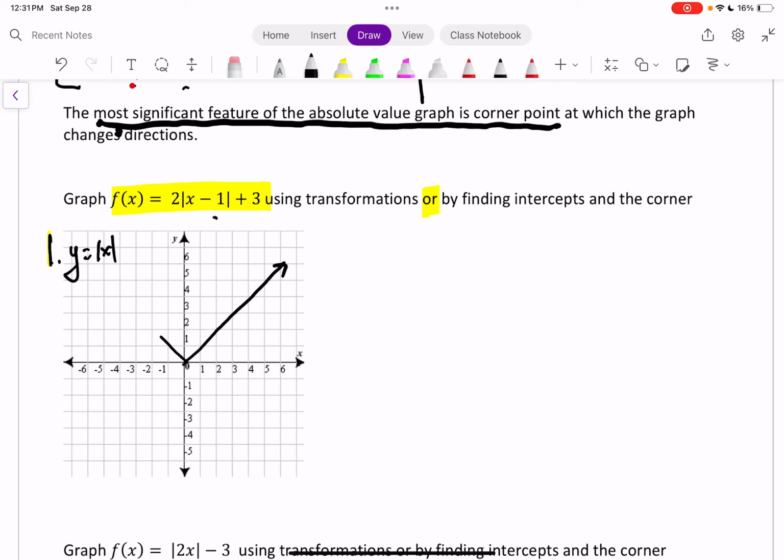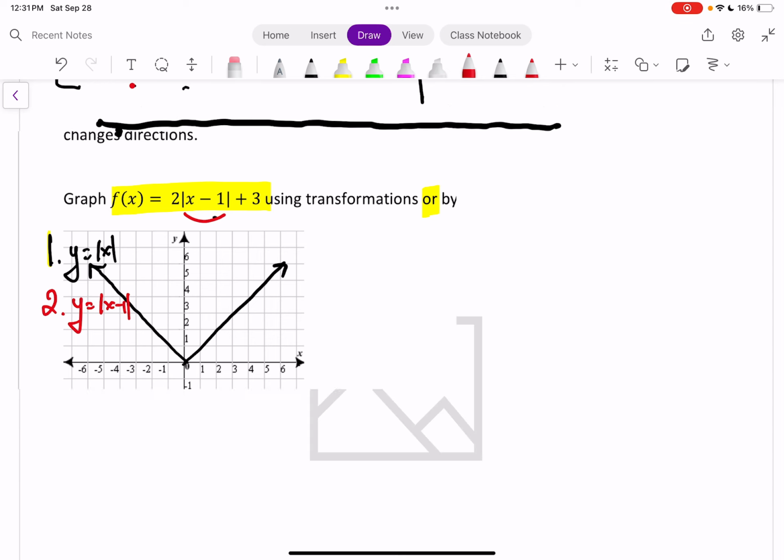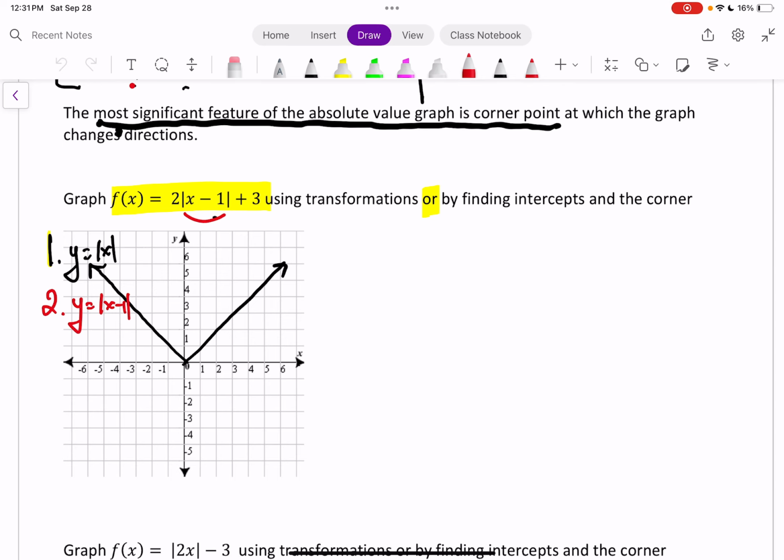So I'm going to draw my basic absolute value function. Then what sort of transformations are performed? I always like to start with the x transformation. So the absolute value of x minus 1 means just move the graph 1 unit to the right, the opposite way of what it says to x. So we simply shifted this graph 1 unit to the right.